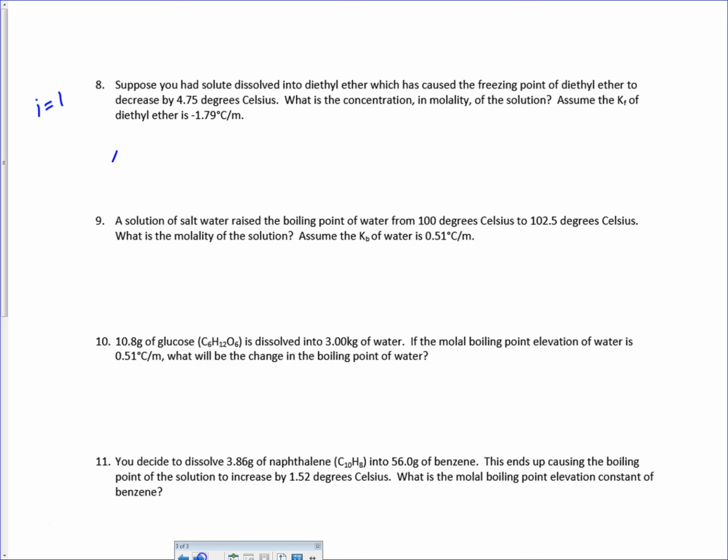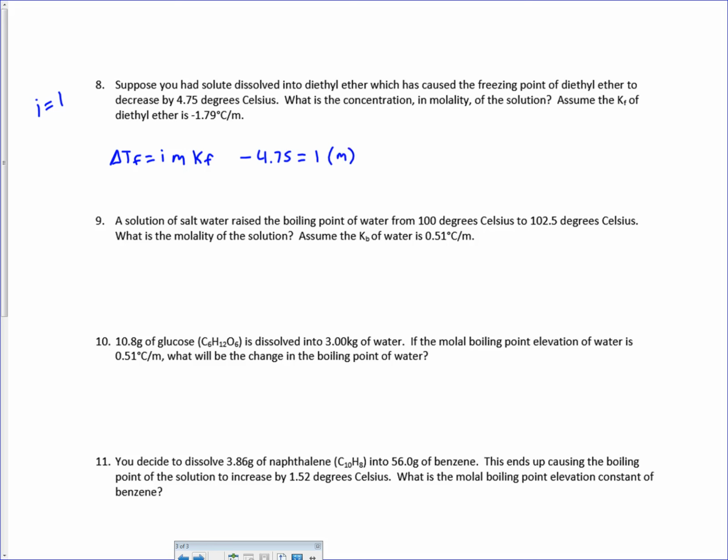Anytime I don't give you a substance, assume that i equals 1. So we know that the change in freezing temperature is going to equal i times m times Kf. They told you that it changed by 4.75 degrees, and since it decreased, we're going to say negative 4.75 for our change, equals Van 't Hoff factor of 1 times our molality, that's what we're trying to find, times our Kf.